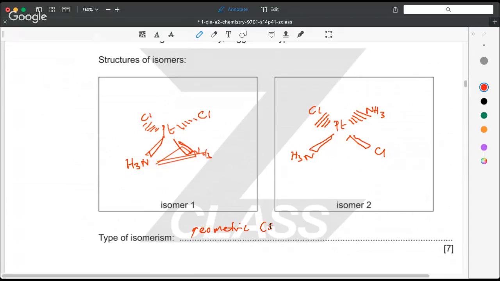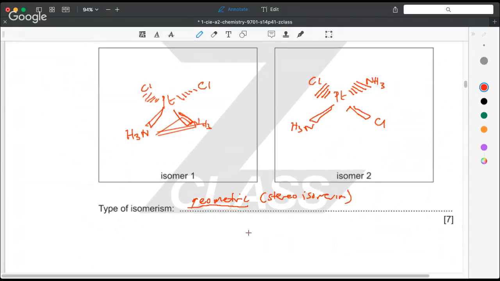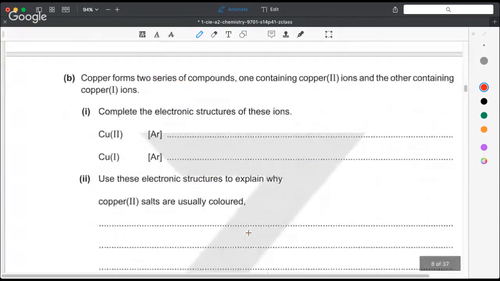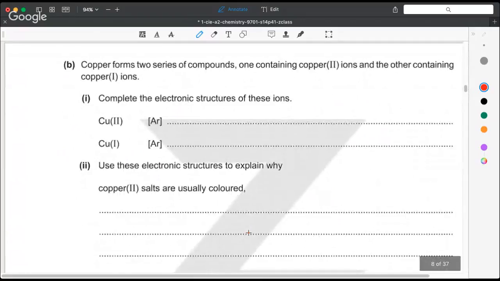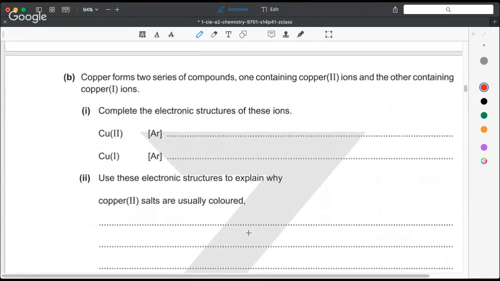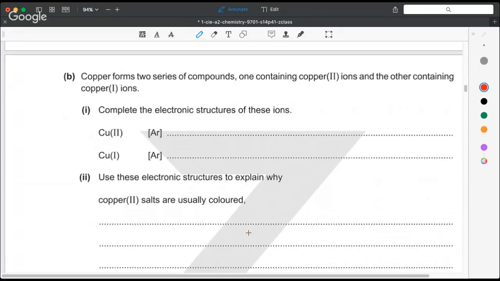It's a type of stereoisomerism, isn't it? There's 2 types of stereoisomerism, optical isomerism and geometric. This is a type of geometric isomerism. Okay, so, well, these are pretty easy to look up.